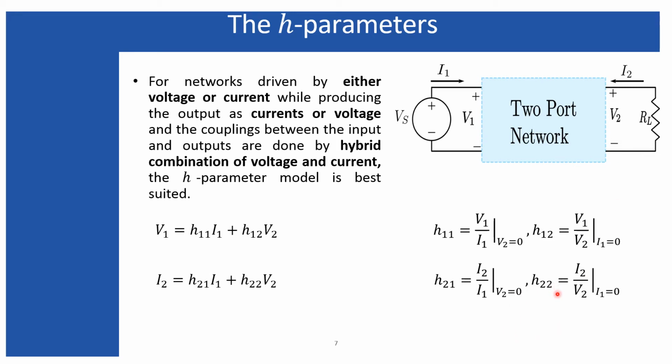So H22 is called the output admittance, similar to Y22. Here you can check your understanding of this hybrid parameter model, because in the Z parameters all terms are represented in terms of impedance, in Y parameters all terms are represented in terms of admittance, but here H11 is in terms of impedance, whereas H22 is in terms of admittance, and the other two terms are unitless. The first one is the ratio of voltages, and the second one is the ratio of the currents.